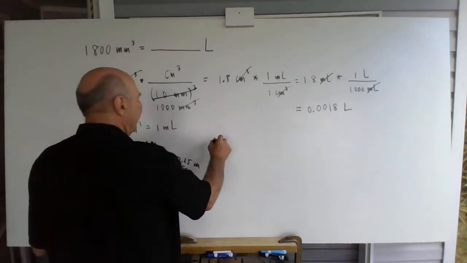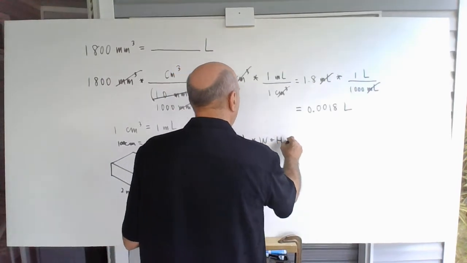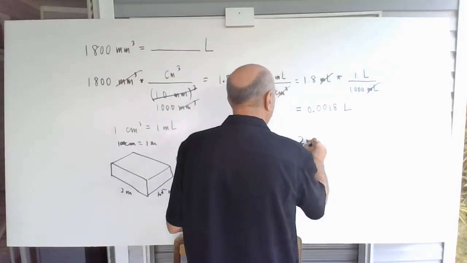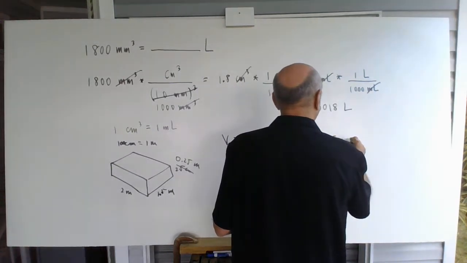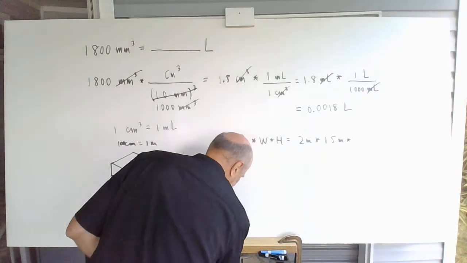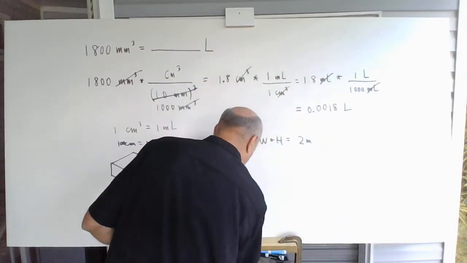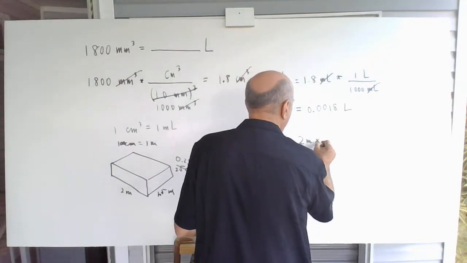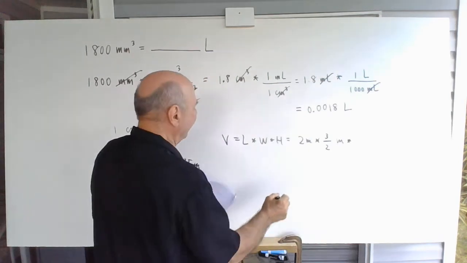So the volume, which is length times width times height, would be 2 meters times 1.5 meters. You know what? I think it's easier if we use fractions. So 1.5 is 3 halves, and 0.25 is 1/4.